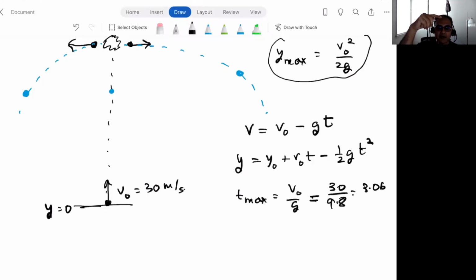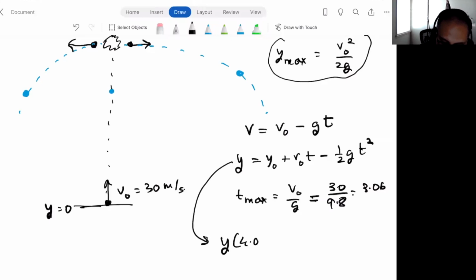And we want to know where it is 1 second after it gets to the top. So we can easily use this equation to find that. You would just plug in t equals 4.06 into this equation, and that would tell you where it is 1 second after it gets to the top.